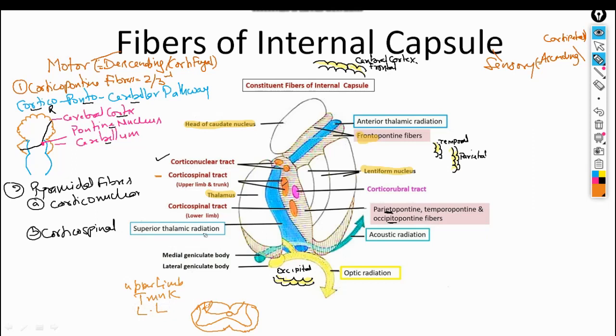So the fiber from here will go to this other side and to this corticospinal, then to the cortex.